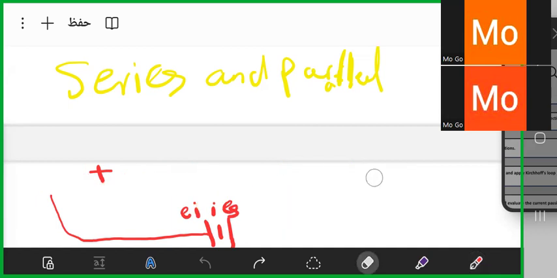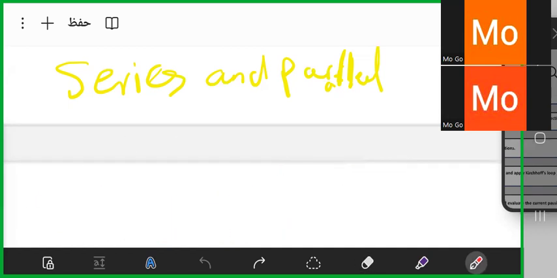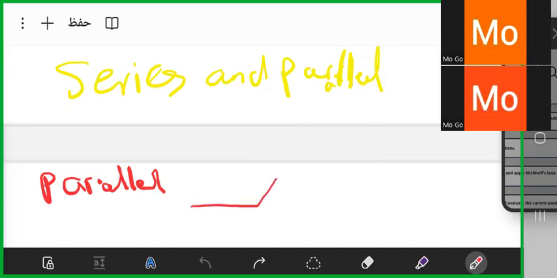But we're also talking about one more thing. It was parallel. What is parallel? Look at the current. What happened? It was divided.